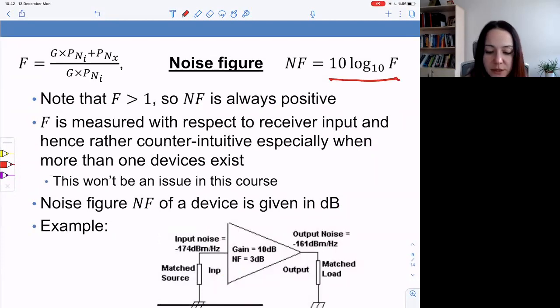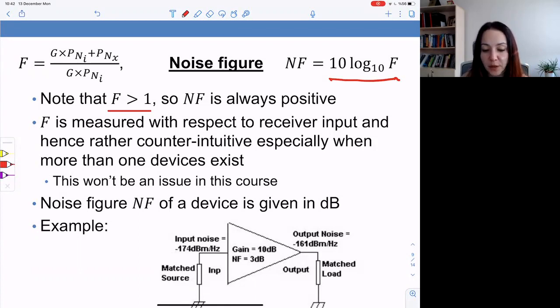Since the noise factor is always larger than 1, because there is no system that can clean up the noise and increase the SNR, right? So the noise factor always is larger than 1. So the noise figure is always a positive quantity.